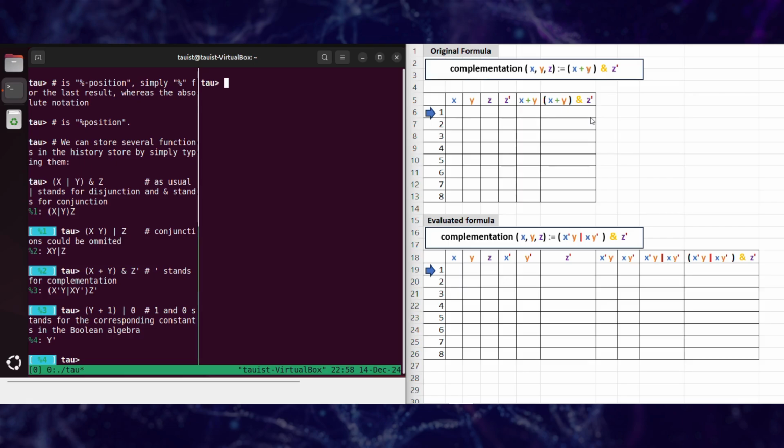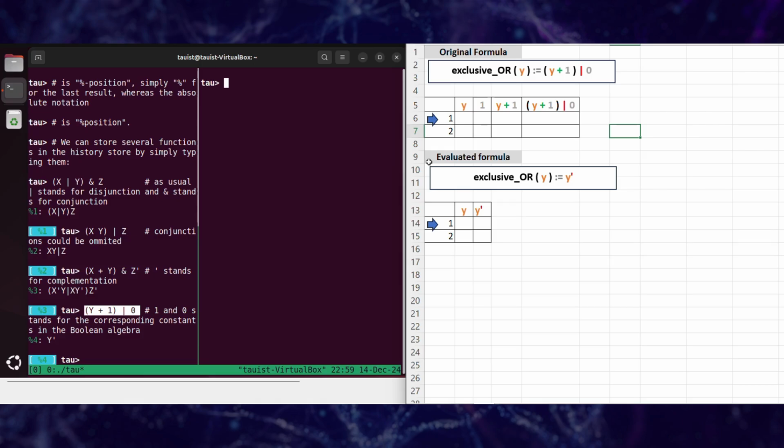Instead of just writing this one, let's write complementation, to have more space. Also this one we will discuss later.